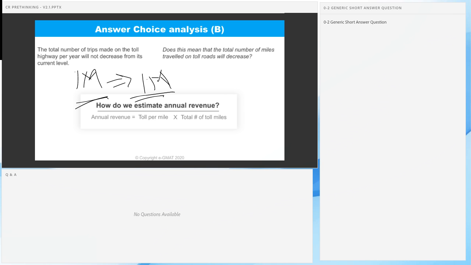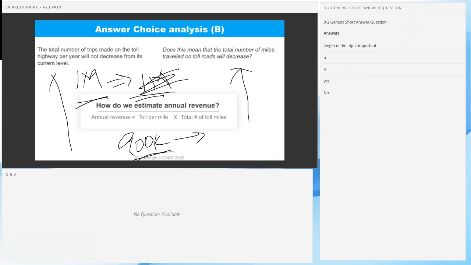What if this year we make 900K trips? Then can the number of toll miles not be higher still, if each trip is longer? Yeah, length of trip is important. So my question is, must this be true? The answer is no.